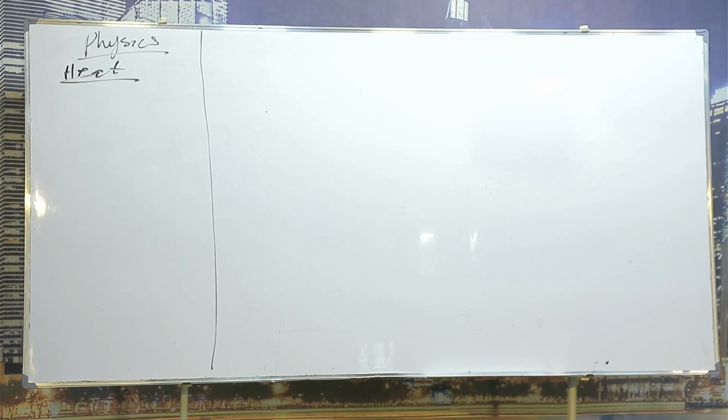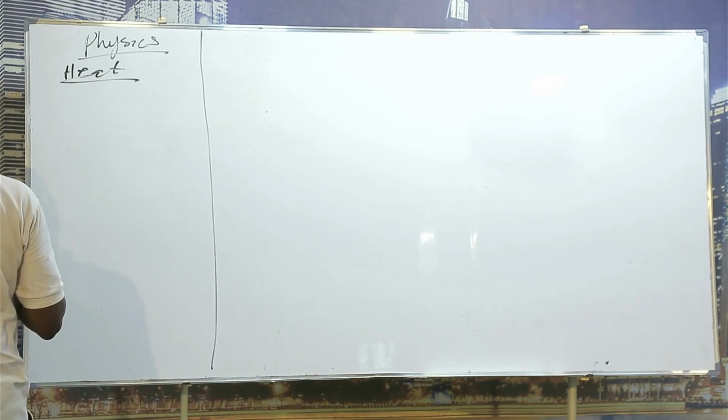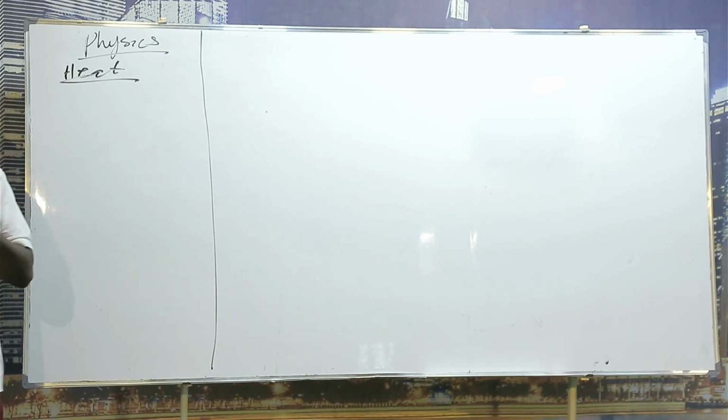ML what? Okay. Now let me see. So when we talk about heat, please, I want you to follow up. Don't just wait for notes. What you need is information. Jot them down, follow them up, understand these things.